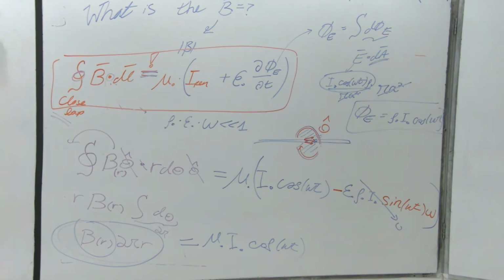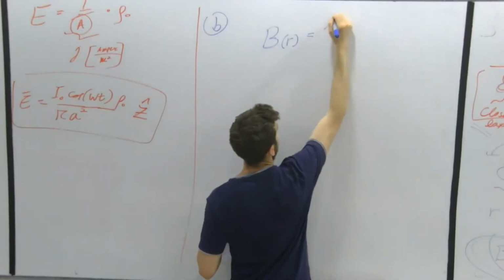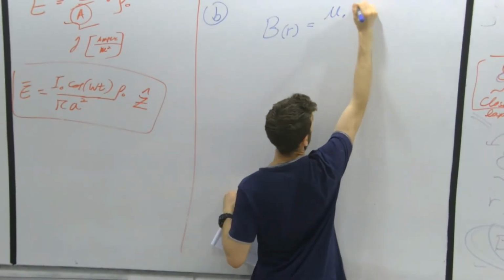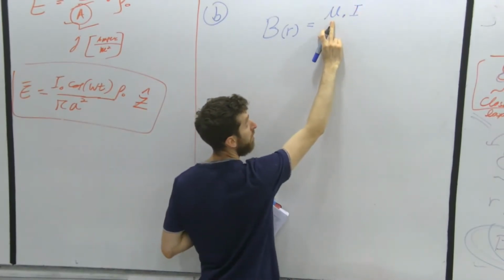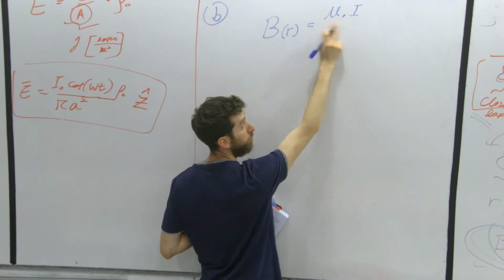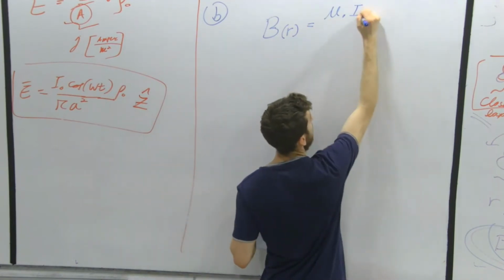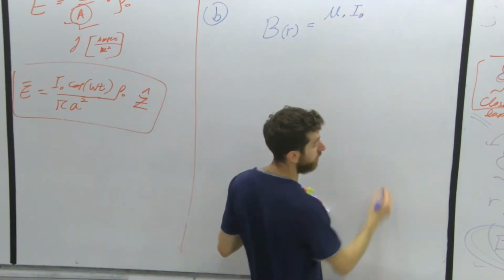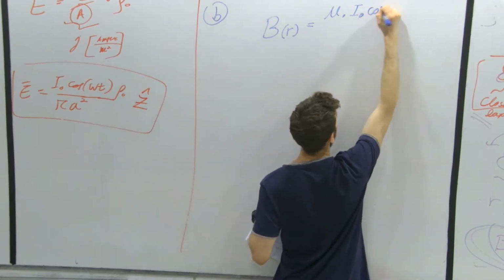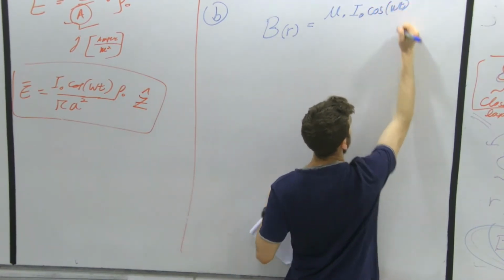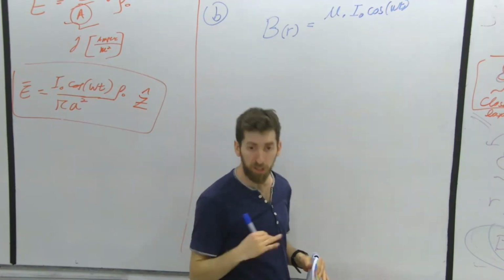So after doing what I like to call a massage of this equation, you're going to get that B as a function of r is actually the permeability, which means how sensitive the environment around is to a magnetic field, multiplied by the amplitude of the current. And the magnetic field, of course, is changing in time because the current which produces it is changing in time.